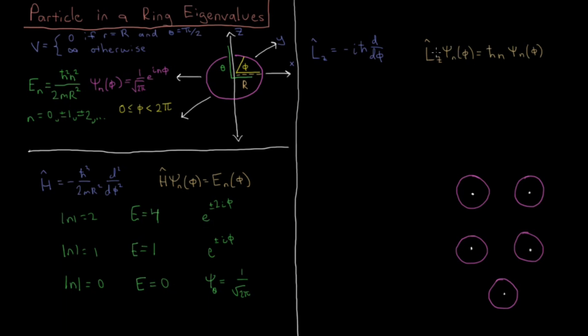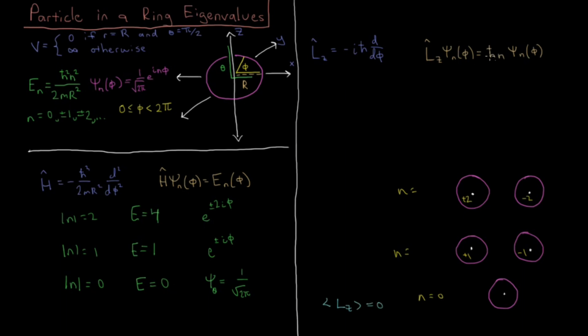So this means that, again, if we have our states of n equals 0, n equals, let's say this is plus 1, this is minus 1, and then let's say this is plus 2 and minus 2. Okay, so for the n equals 0 state, our expectation value of Lz is just going to be 0 because n is 0.